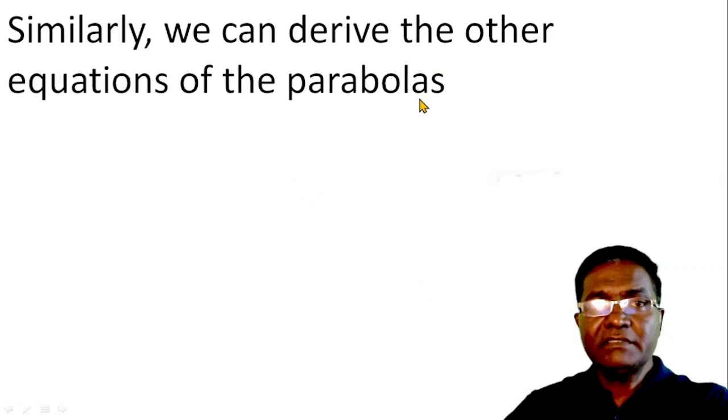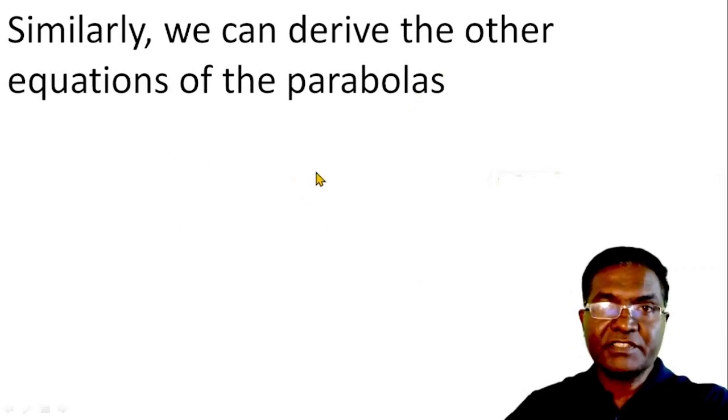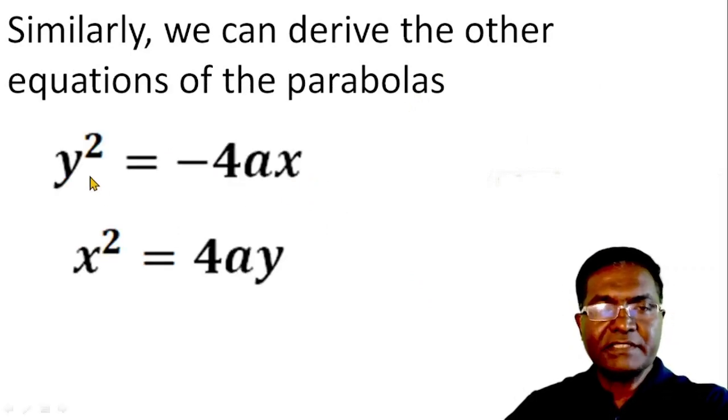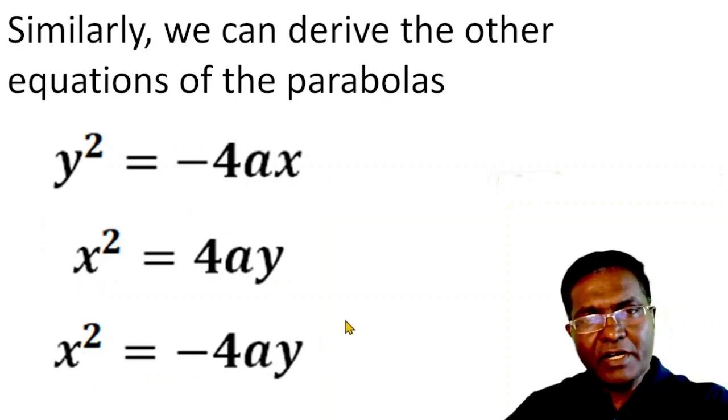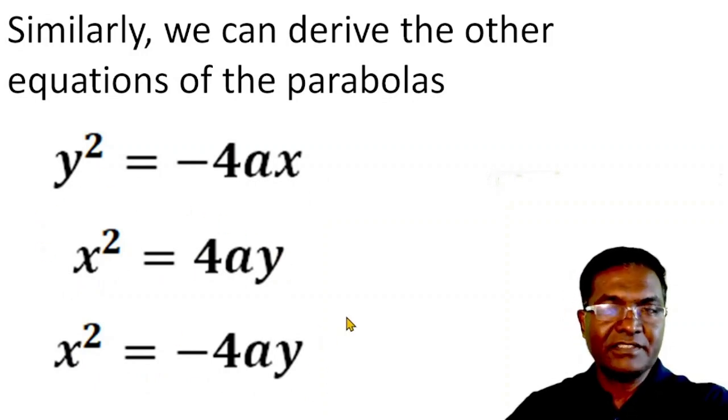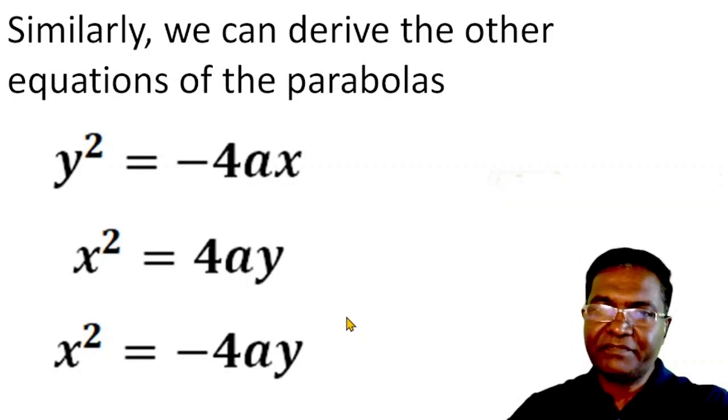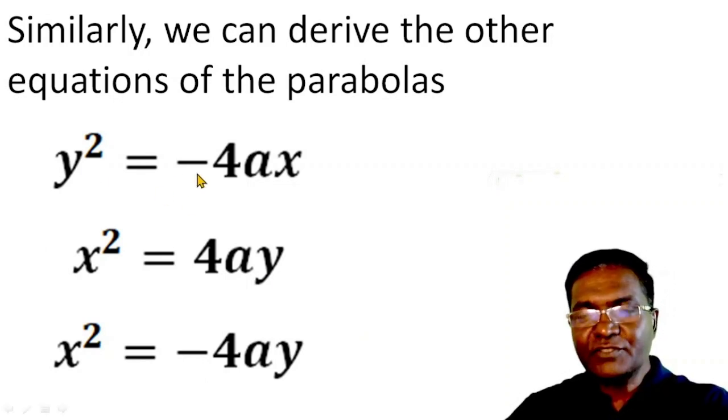Similarly, we can derive the other equations of the parabolas, as I mentioned: y square equals minus 4ax, x square equals 4ay, x square equals minus 4ay. These all represent parabolas whose axis is different, and the position of the focus is also different.